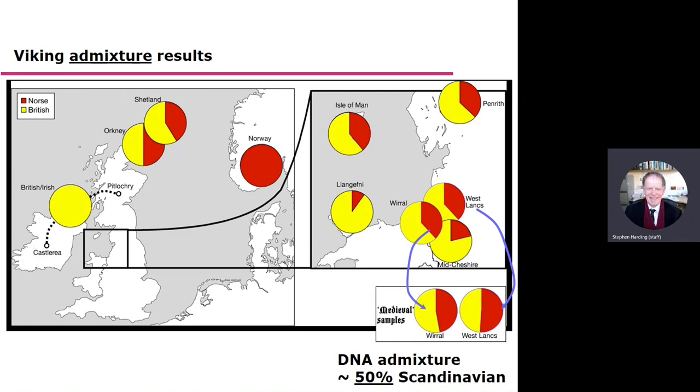And if you do the analysis, up to 50% of the DNA admixture, that doesn't mean 50% of the blokes have Scandinavian ancestry and the rest don't. It means that the mixture of the DNA is 50% Scandinavian, 50% Celtic, Anglo-Saxon, or whatever. That's what that means. Obviously, there's error involved too.